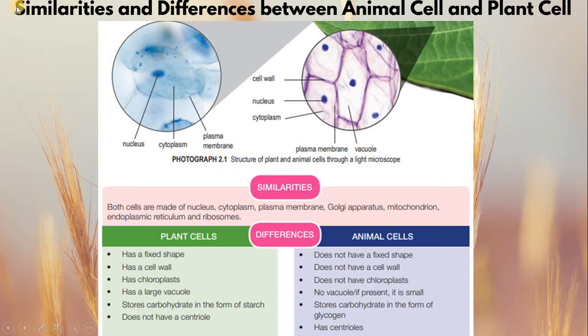Okay, this one is the last one. You have to know the similarities and differences between animal cell and plant cell. If you look here, this is the structure of animal cells under the light microscope, and this is the structure of the plant cell under the light microscope.